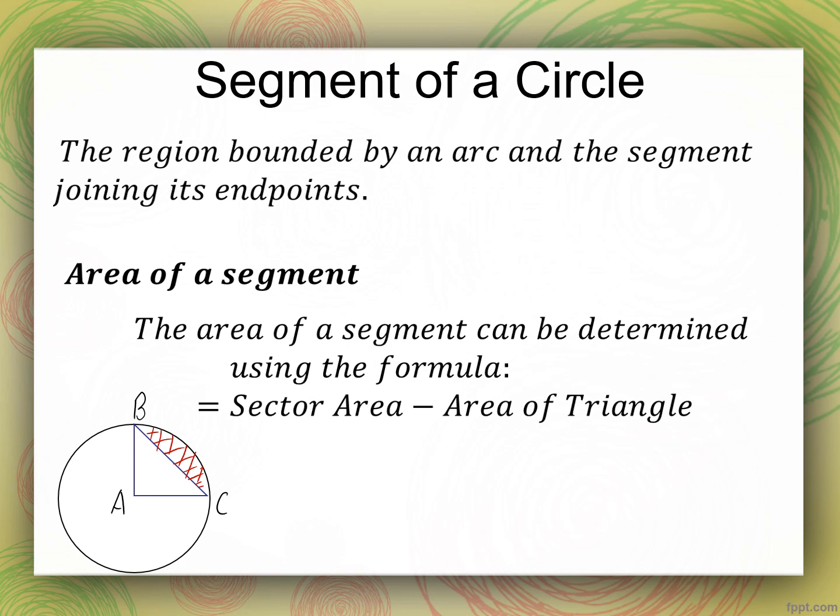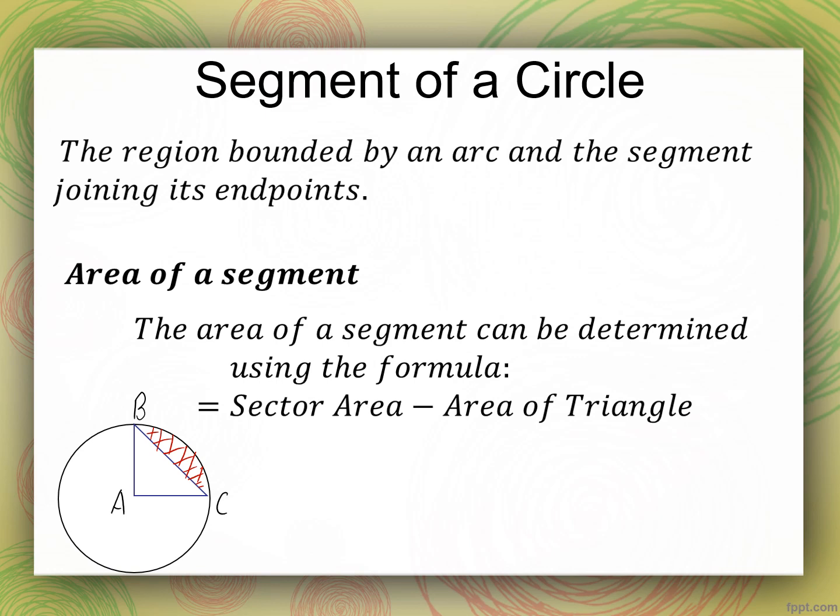So we can solve first for sector area BAC, and then solve for the area of triangle BAC. If we subtract it from the sector area, we will be left with the area of this given segment.